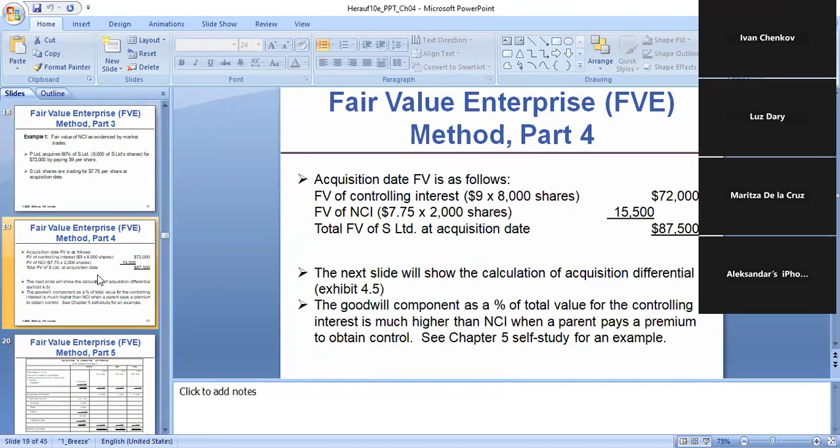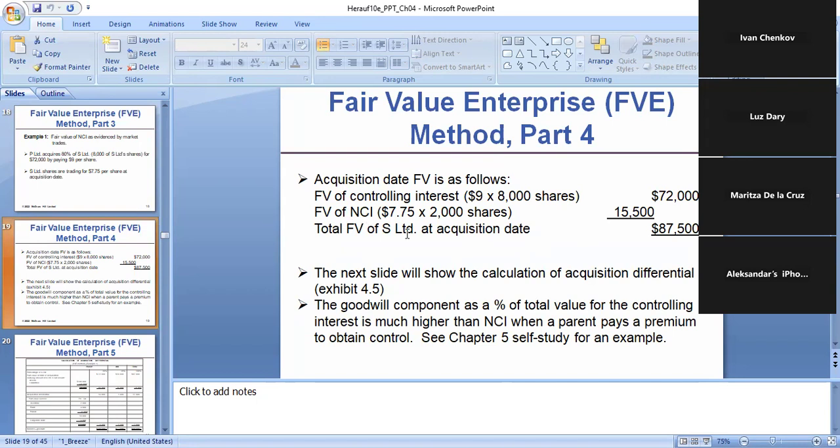So, what's going to happen at the acquisition date? First, we have to see how much we paid. We paid $72,000, $9 for 8,000 shares, but that's not the entire value of the company, because there are still 2,000 shares owned by the other investors. So we have to come up with the fair value of those 2,000 shares, which will represent the fair value of the non-controlling interest.